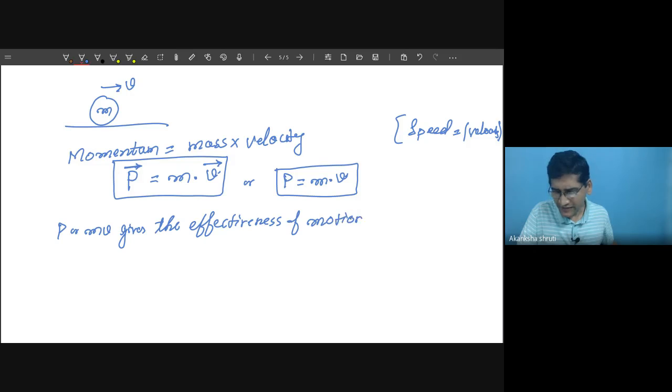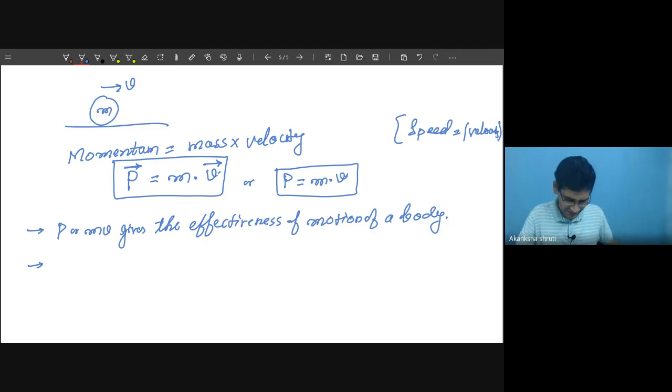It means how effective a body is. If a body is moving, how much effect it will put. So this momentum gives that thing. If there is any change in momentum, then force is generated.